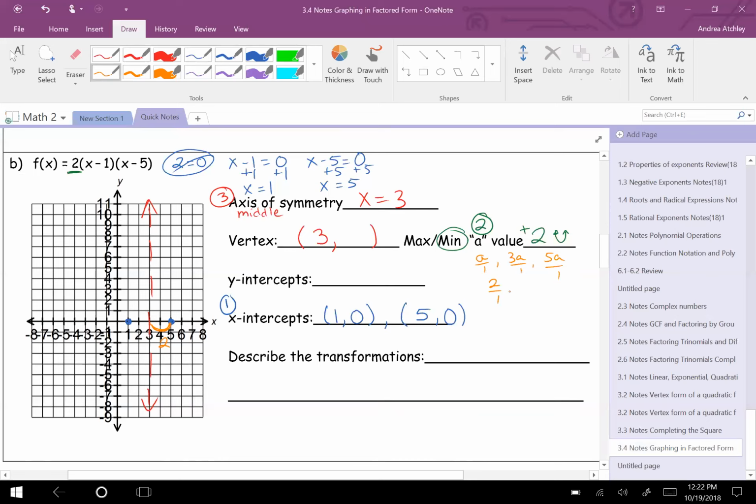So I'm going to have 2 over 1, then 3 times 2 over 1, and then 5 times 2 over 1. But since I'm only 2 steps away from that axis of symmetry, I only need to work backwards my first 2 steps.